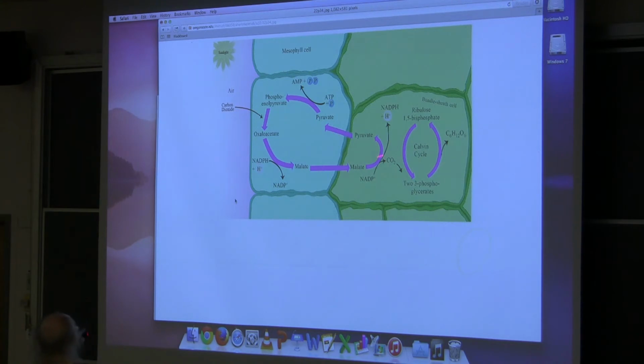The difference being that this is occurring within this bundle sheath cell, as you see it labeled here, and not out here next to the atmosphere. The process is efficient, the plant loses less water, and it inserts a couple of steps, but those steps make this overall process work very well. Okay, so that's the difference between a C4 plant and a C3 plant.